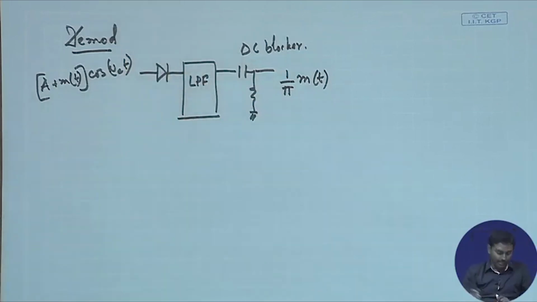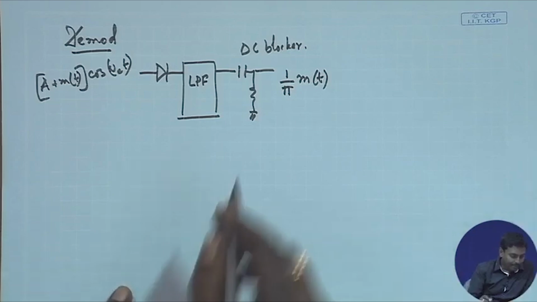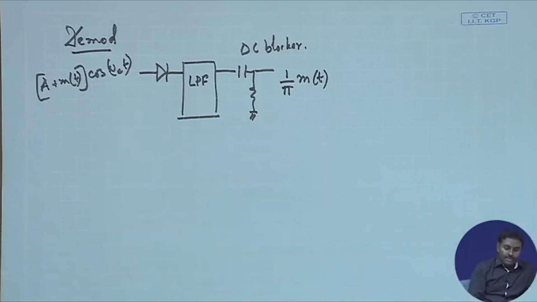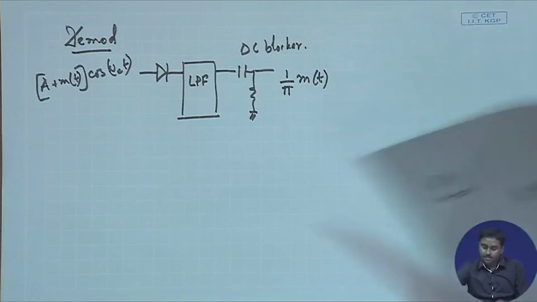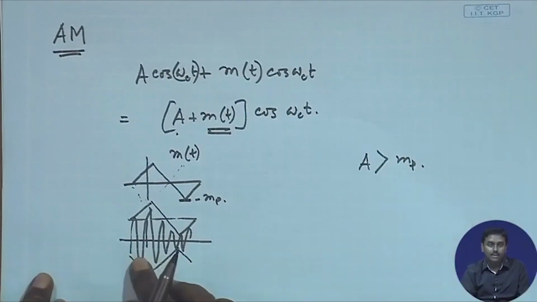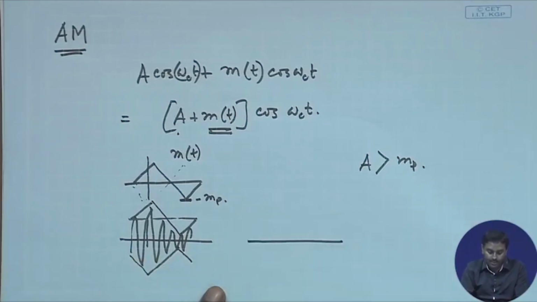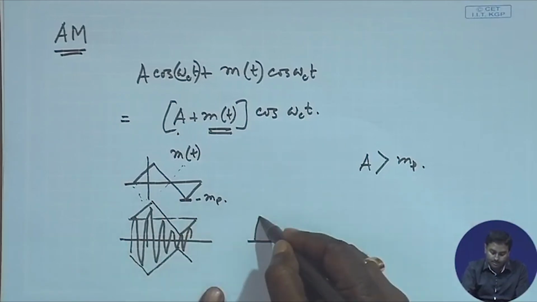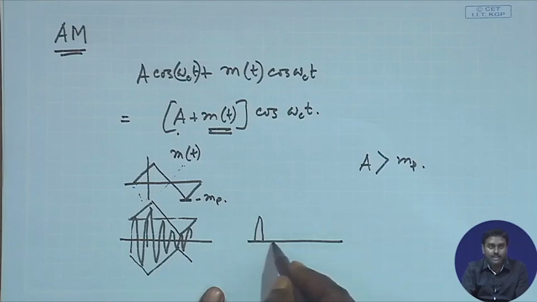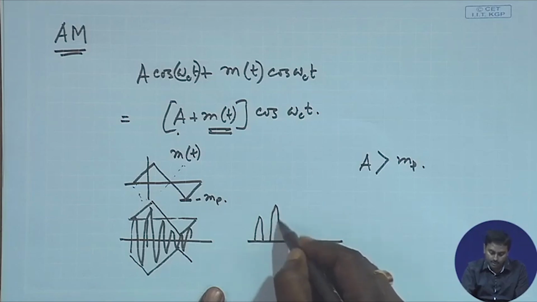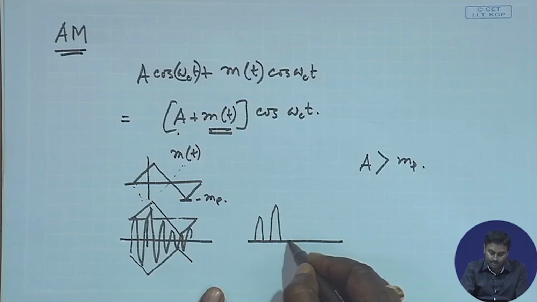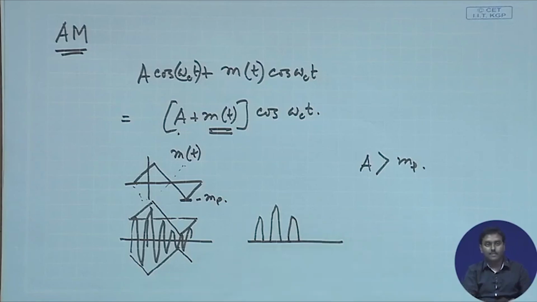So let us try to prove that. Let us see what exactly happens whenever I pass it through a diode. I have this signal, and once I pass it through a diode, it takes the positive half and takes out the negative half. It again takes the positive half, takes out the negative half, again takes the positive half. What does this mean?